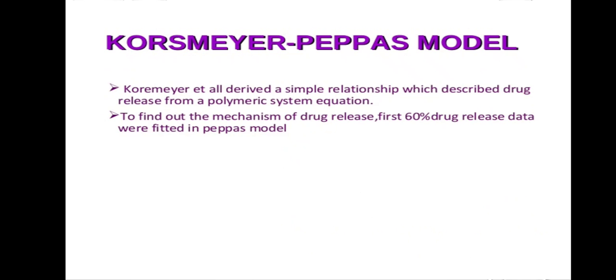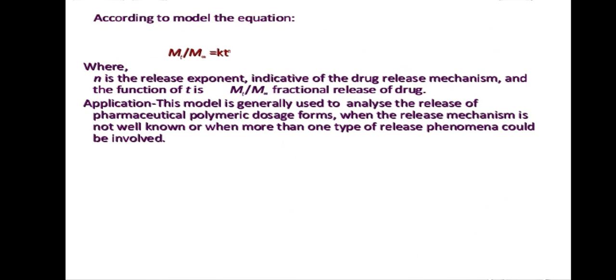Korsmeyer-Peppas model. The Korsmeyer-Peppas model derived a simple relationship which describes drug release from a polymeric system, to find out the mechanism of drug release, and 60% of drug release data were fitted in the Peppas model.